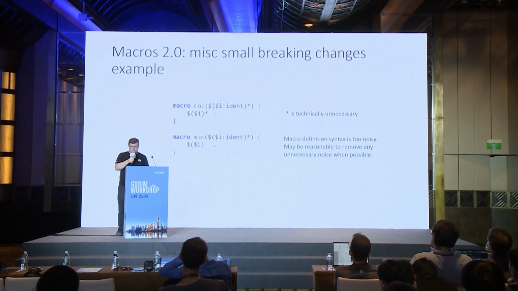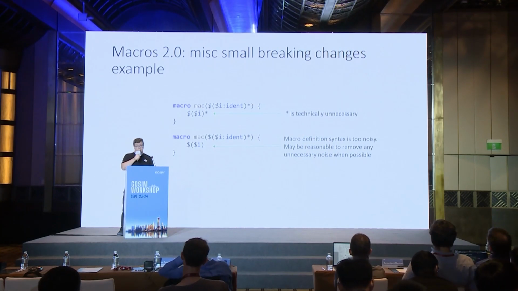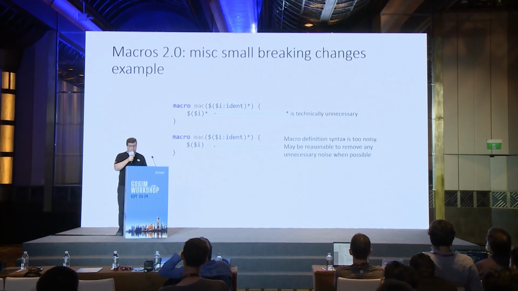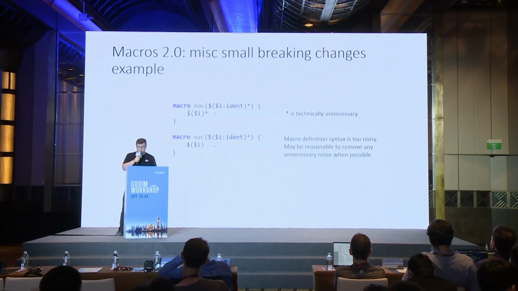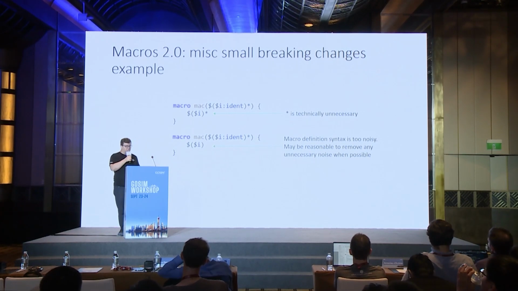And in general, the macro syntax is very noisy, so anything that can remove noise is potentially a useful change. So it is possible that we can remove these stars from sequence transformers, but it is also a breaking change. So it needs to be done before stabilization of macros 2.0.